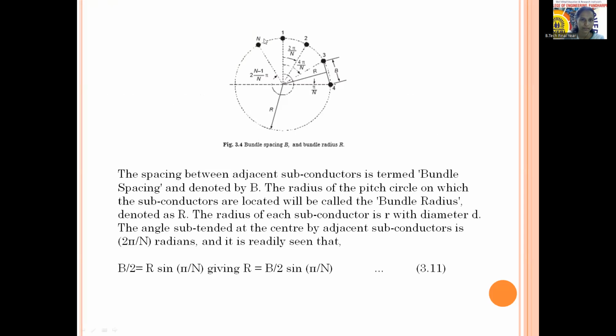The spacing between adjacent subconductors is termed bundle spacing. Here we can see B. This is the bundle spacing, which is the spacing between two adjacent subconductors.